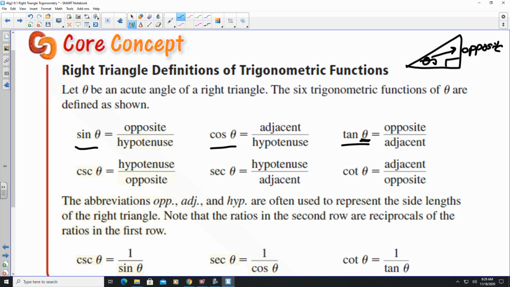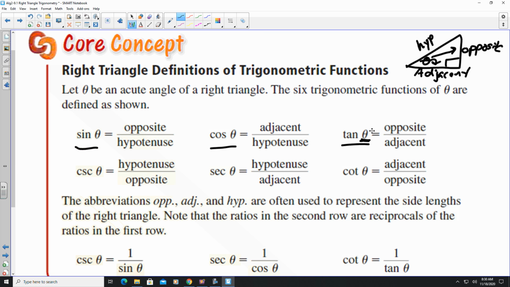The side next to it is called the adjacent side. And the hypotenuse is always the side that is opposite the 90-degree angle. That's where we discover what those ratios are with respect to the trig function.